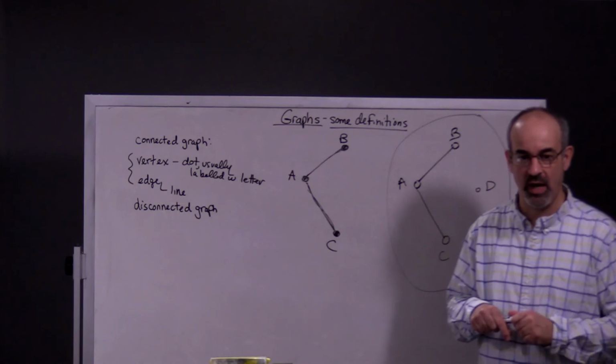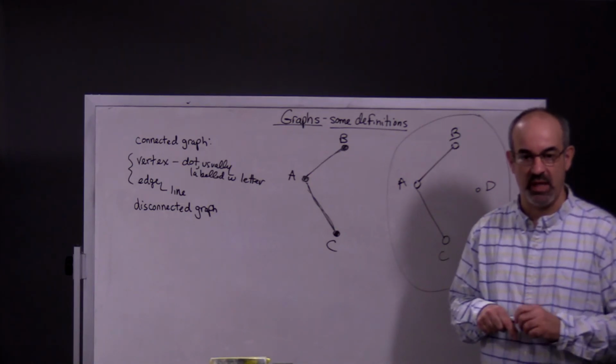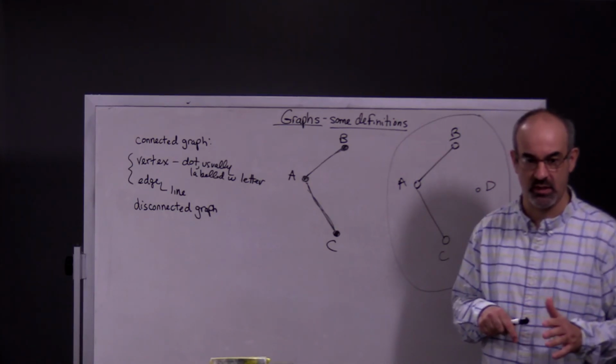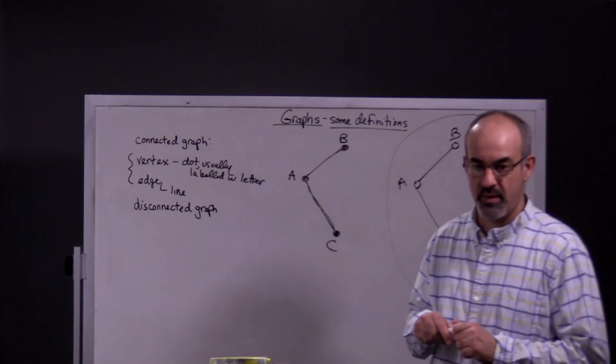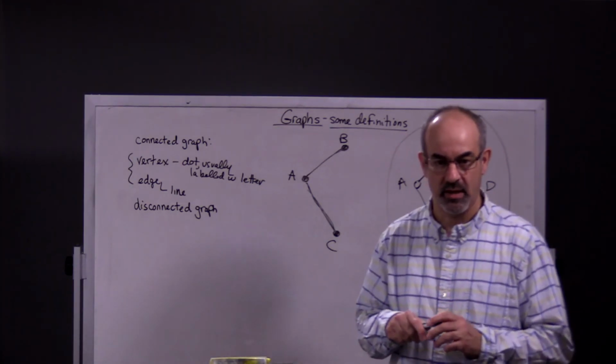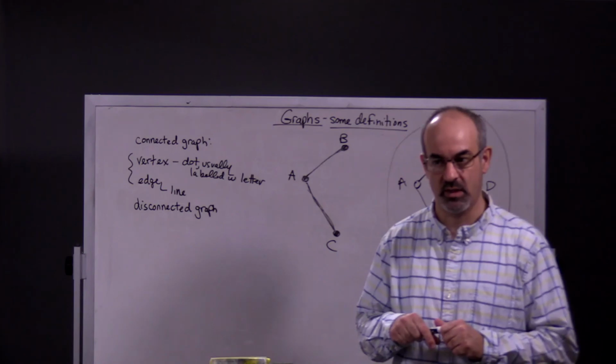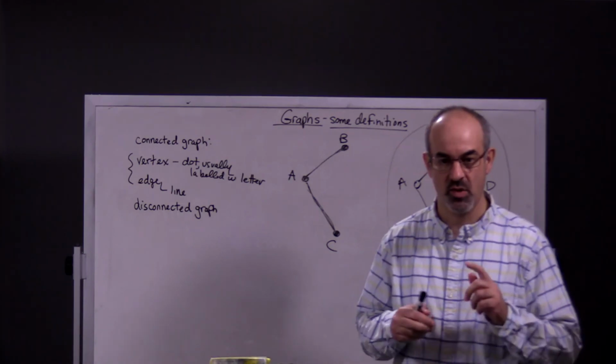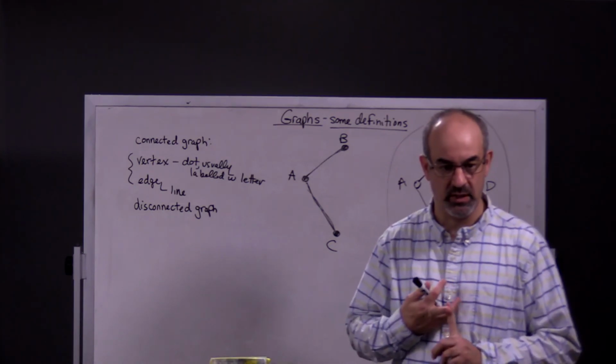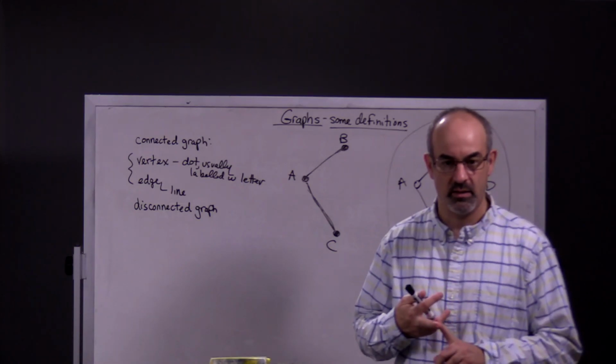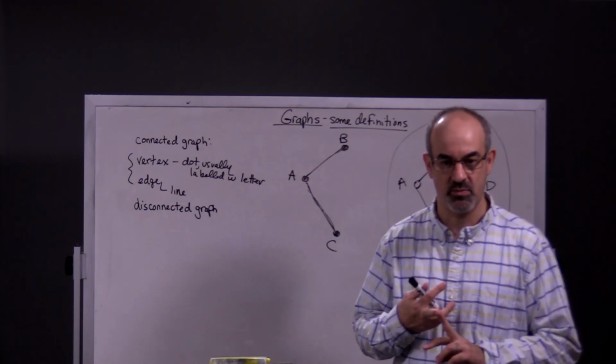In this chapter, you do have to know what it means to be a Hamilton path and a Hamilton circuit. So that's what my next video is going to be on, Hamilton paths and Hamilton circuits. And also in the next video I'll talk about complete graphs and traveling salesperson problems.